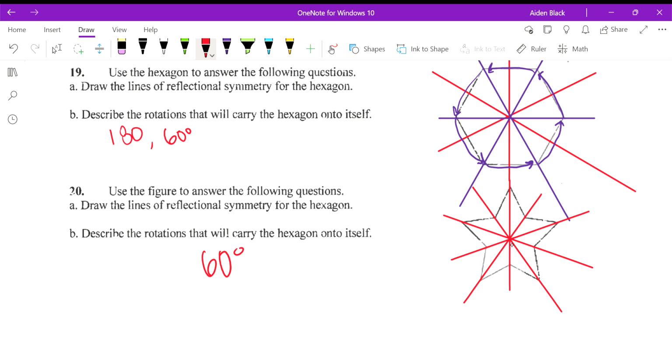We can also go from this point to here, which is 2/3 of 180, which is a multiple of 60. From here to here, that looks like it's also 60 degrees, because that is 1.